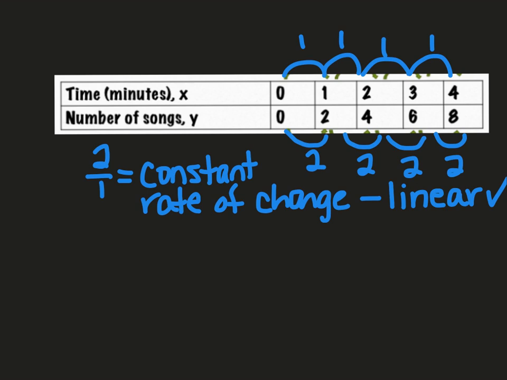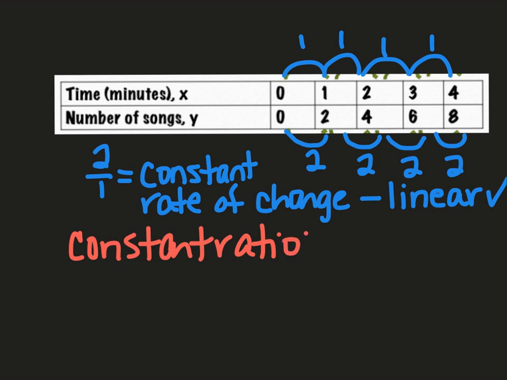Now, what's this constant ratio business? Constant ratio. What in the world? Well, it's what some of you are probably trying to do without even knowing it, and that's why I had to kind of stop this for a second. That's when you're looking at y and x together. Okay, constant ratio is y over x.